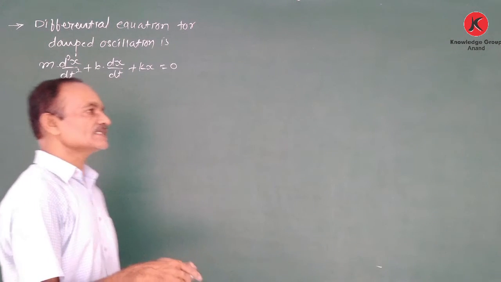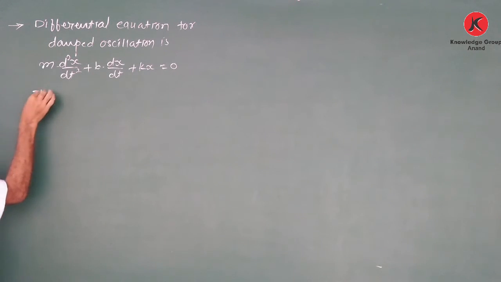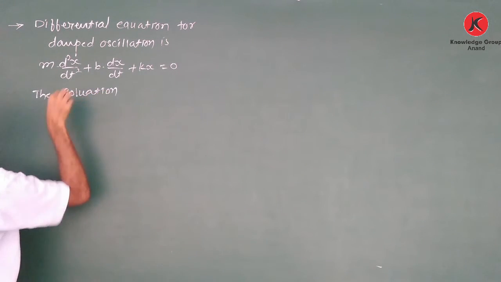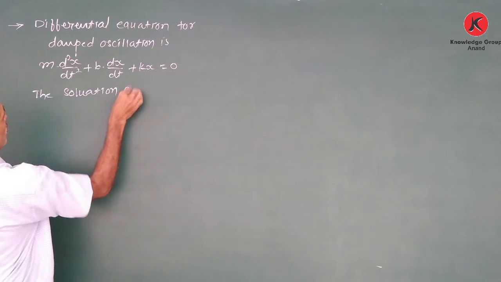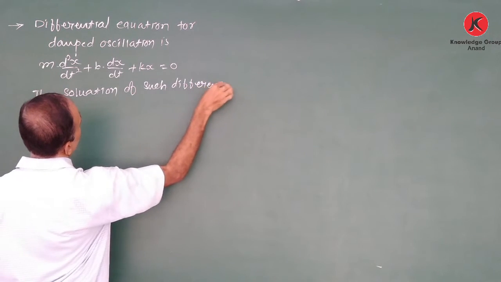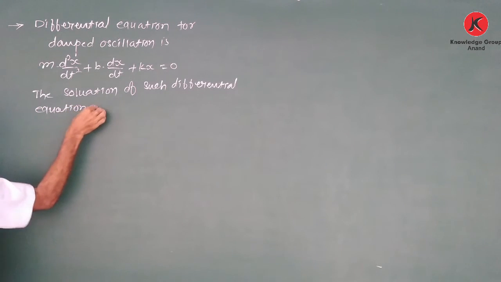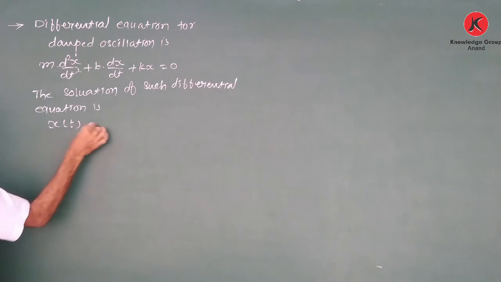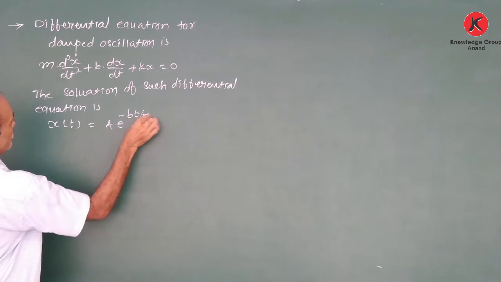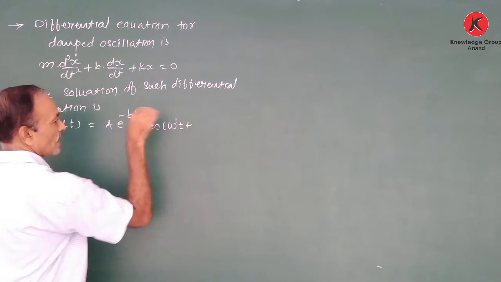Now the solution of such a differential equation is x(t) is equal to A e raised to minus bt upon 2m into cos of omega dash t plus phi.